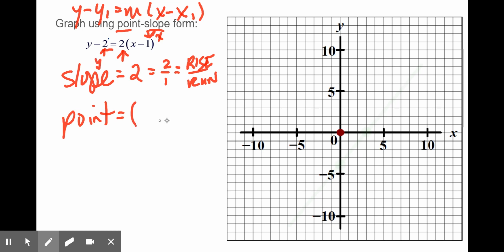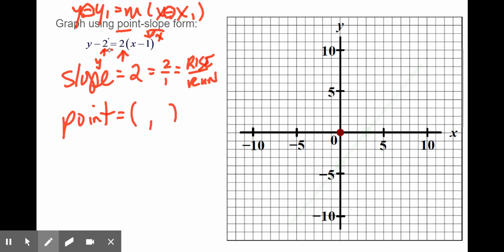But the point is a little bit tricky because the equation has minus signs before the y and the y1, and before the x and the x1. So when you look at this equation, a lot of people think the point is -1, -2.